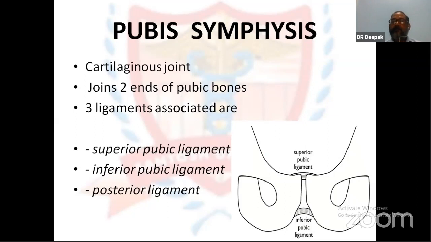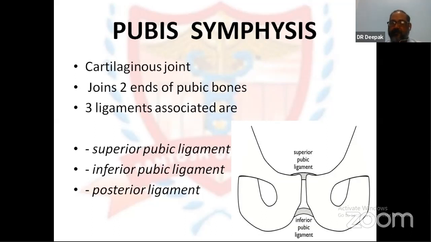Then we come to the pubic symphysis. The pelvis makes a ring with the sacrum on the posterior side joined to the iliac bone, that is, the hip bone, and from the anterior side the ring is closed by the pubic symphysis. The pubic symphysis is a cartilaginous joint which joins the two pubic bones.